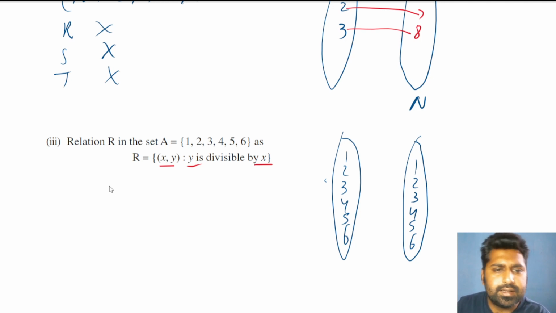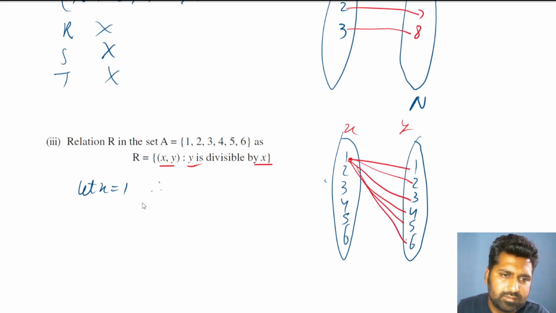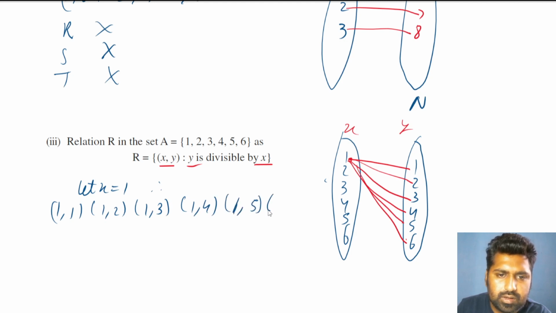So let's say x is 1. Which numbers are divisible by 1? I think from the diagram it will be very tricky. So 1 is divisible by 1, 2 is divisible by 1, 3 is divisible by 1, 4, 5, 6. So 1 1, 1 2, 1 3, 1 4, 1 5, 1 6.